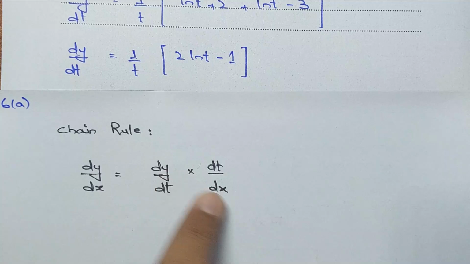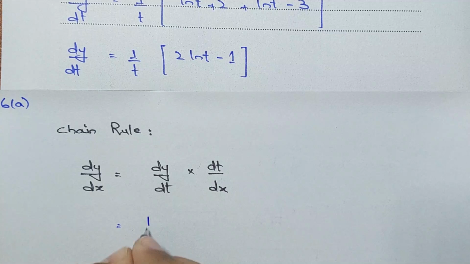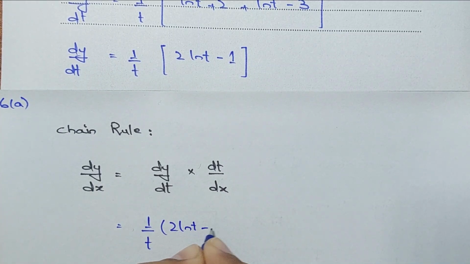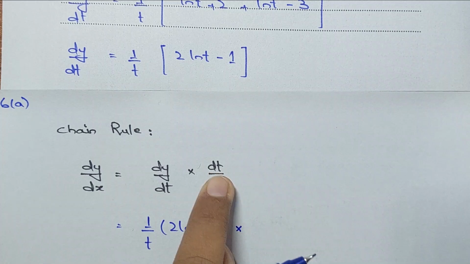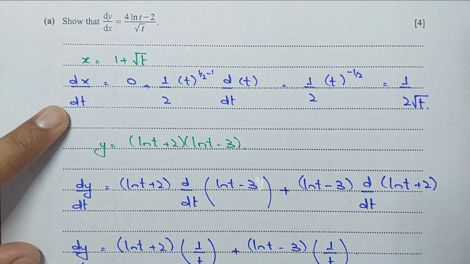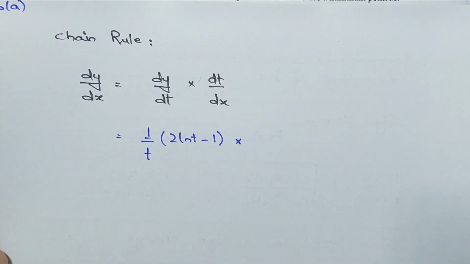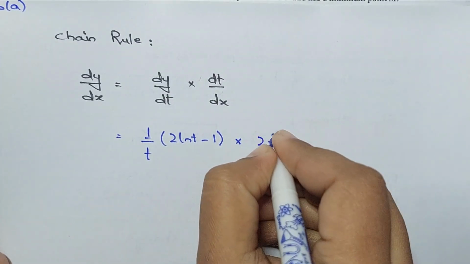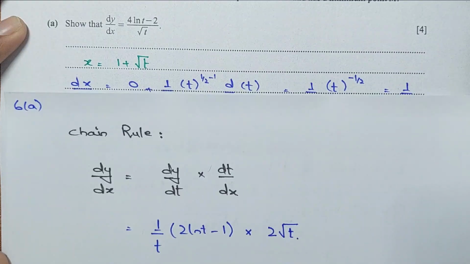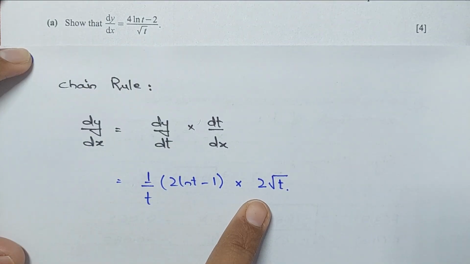We have dy over dt, which is 1 over t times 2 natural log of t minus 1, multiplied by dt over dx. We have dx over dt, so dt over dx would be the reciprocal, which is 2 square root of t. We have to prove that it is in this form.